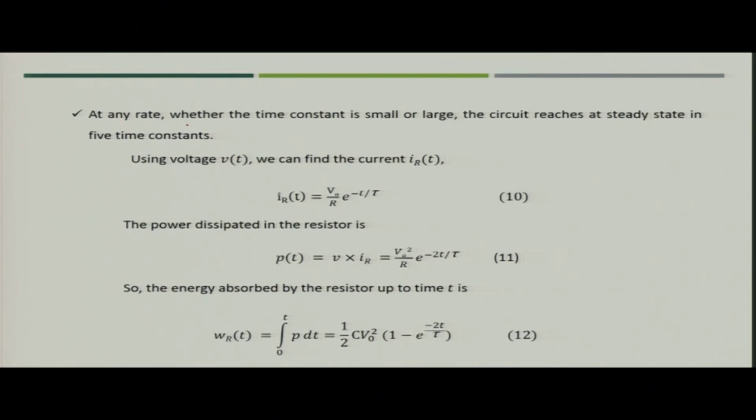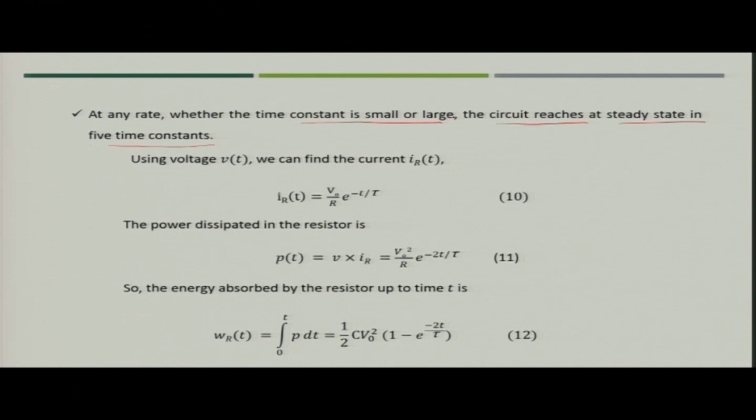Now, at any rate, whether the time constant is small or large, the circuit will reach its steady state in 5 time constants, because in 5 time constants the voltage will decrease to less than 1% of its initial value.